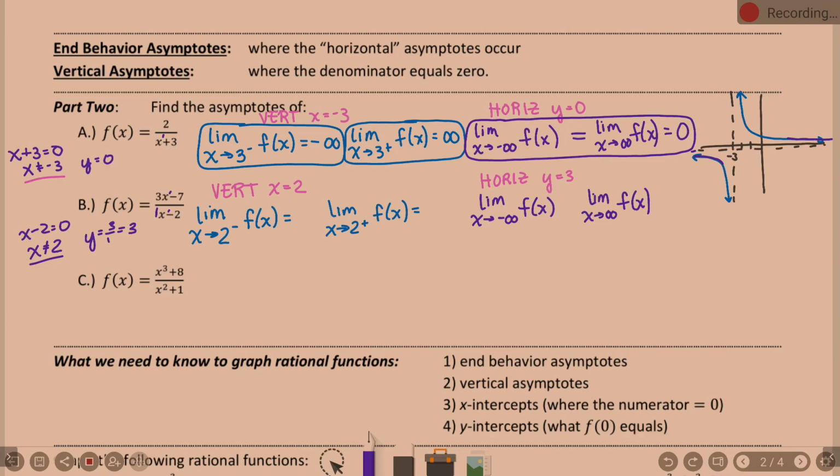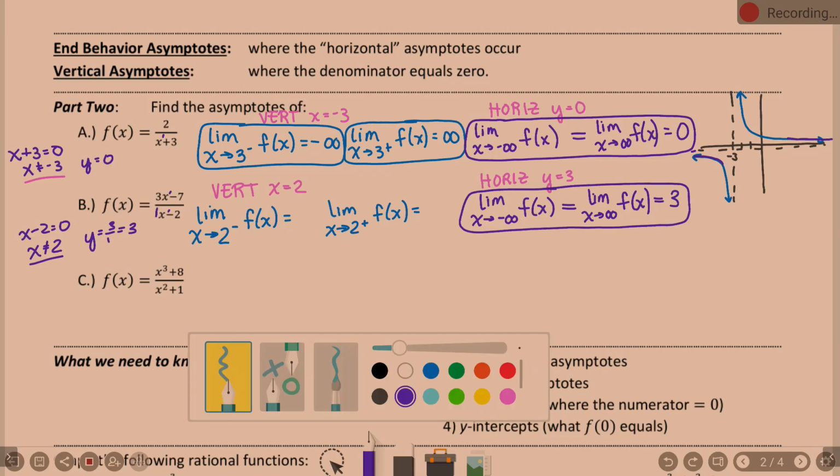So we talked about what the answer is to those. 3 and 3. You guys agree with them? It's a horizontal asymptote. We haven't looked at the graph, but we're going to here in a moment. But for a horizontal asymptote, the limit as x approaches negative infinity equals the limit as x approaches positive infinity, which equals 3.